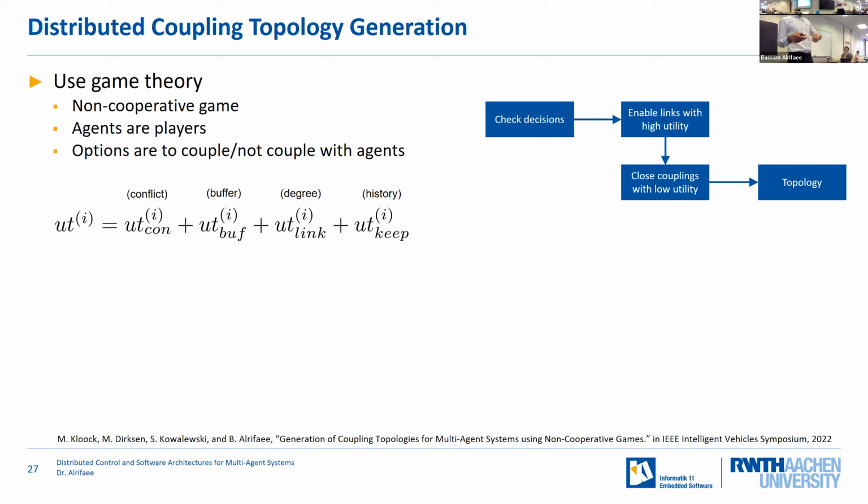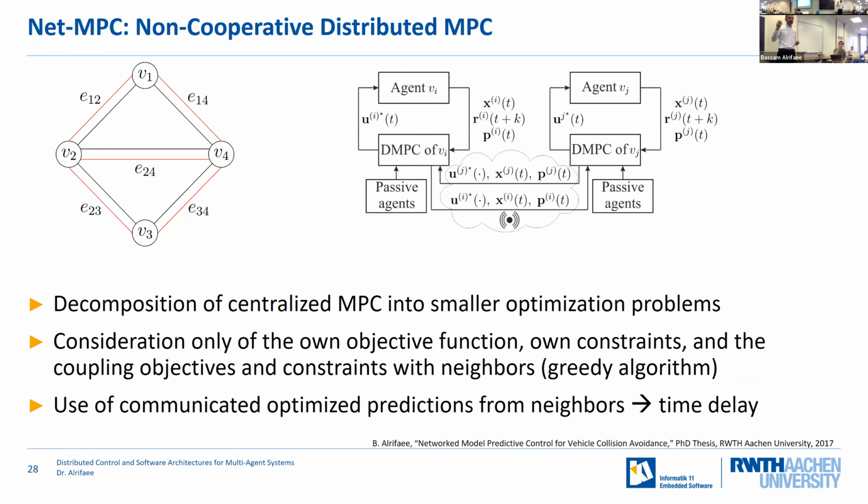So we try to have an evenly distributed network of connections between the agents, to not have a high degree of connections in one agent and in other agents a small number of connected agents. And of course, from the history, we don't want to continuously change the connections to the other systems.